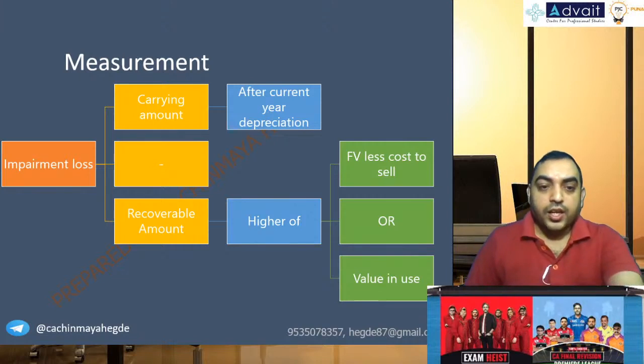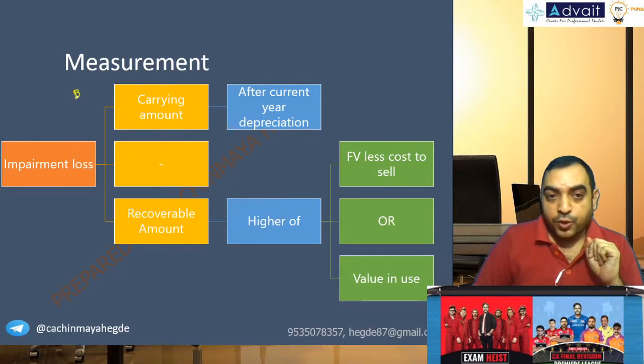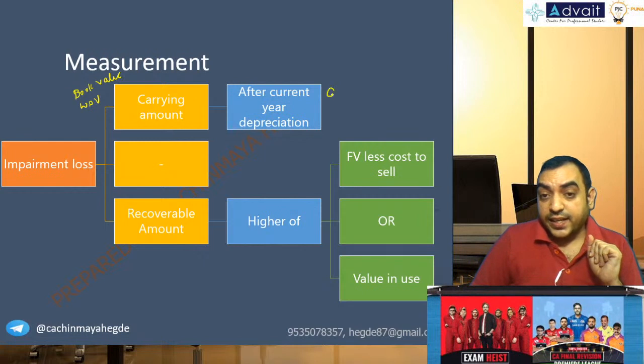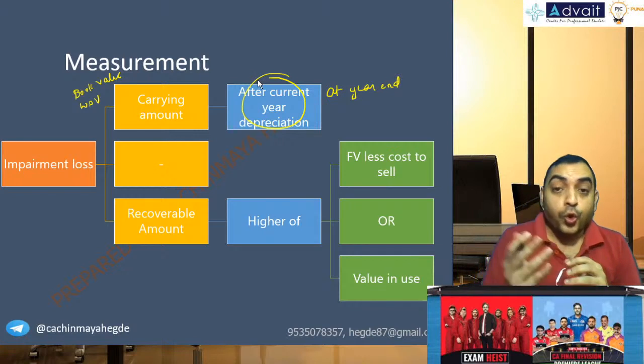Okay. Now, for impairment loss, we should calculate impairment loss compared with the carrying amount. Carrying amount means book value, or you can also say WDV. And remember, it is at year end, and it is after current year depreciation. If you don't do current year depreciation, what will happen?